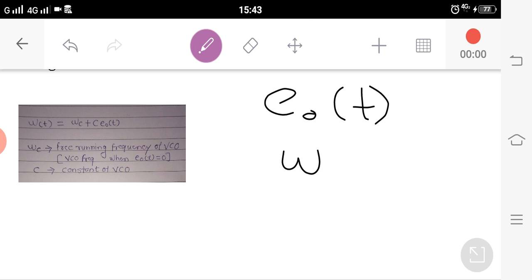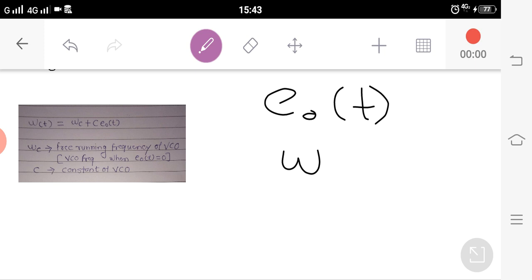Here c is the constant of this particular VCO and omega c is the free running frequency of the VCO. The free running frequency is nothing but the frequency of the VCO when E naught of t is equal to 0.